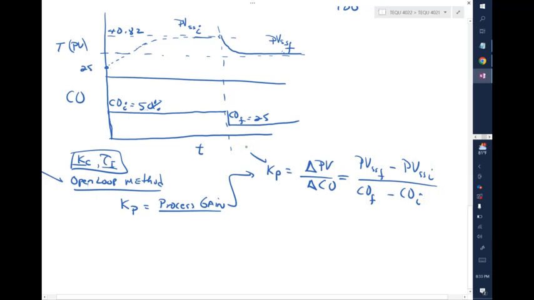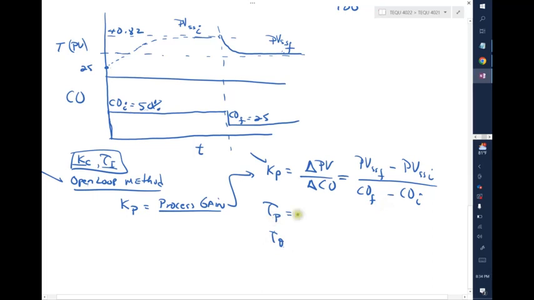The next things that we need are tau for the process, and dead time. Dead time, sometimes they call it theta, or time theta.